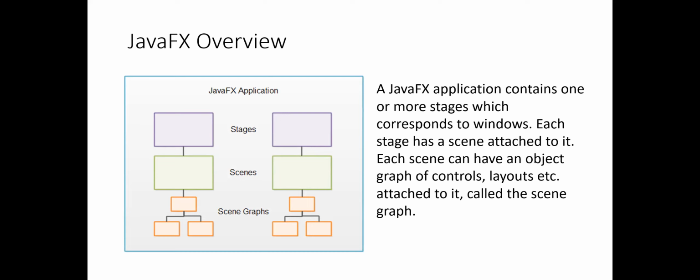So in short, if you were to wrap your head around the concept that you build an application, which is a child of application, it has stage object as a container to hold scene, and scene holds all your objects which are presented on the screen, and that presentation is held inside a scene graph.